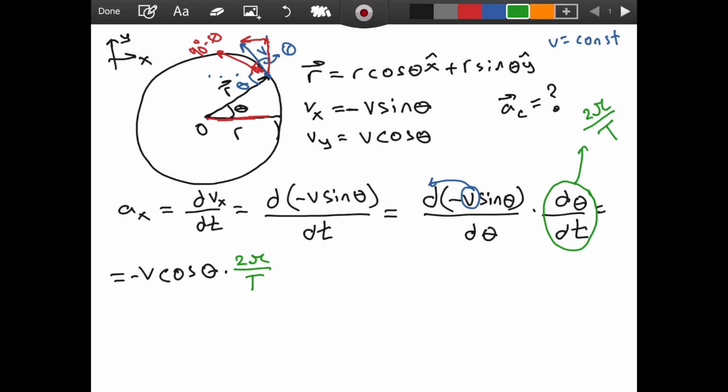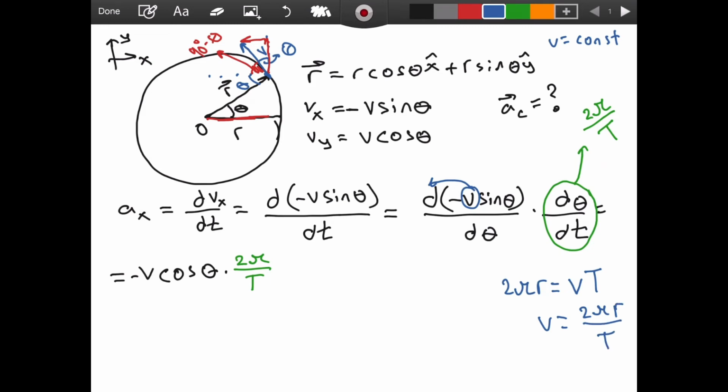And notice that since we are traveling in a circle with constant velocity, we know that 2 pi r is equal to our velocity times the period, right? So velocity is equal to 2 pi r divided by t.